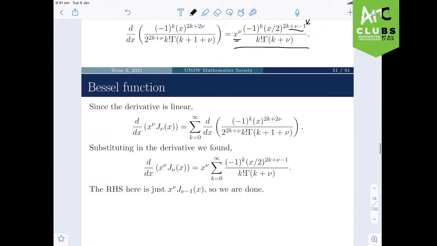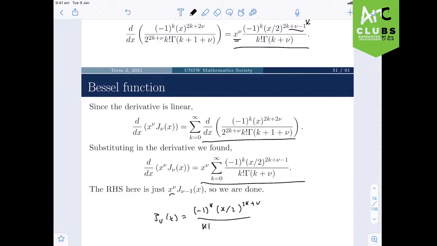Now, we just put those differentiated terms in the sum. And since the derivative is linear, we can differentiate term by term just as we did. And so we get this, substituting the derivative we found. And the right-hand side is actually just x to the nu times the Bessel function of order nu minus 1, because J nu of x was the sum of minus 1 to the k, x on 2 to the 2k plus nu, over k factorial gamma of k plus nu plus 1.